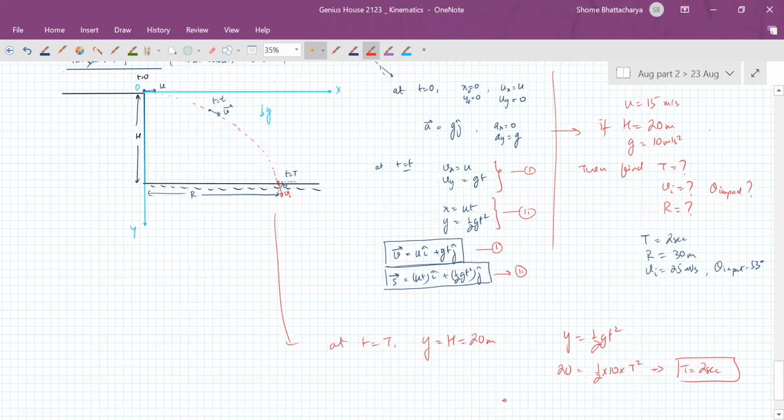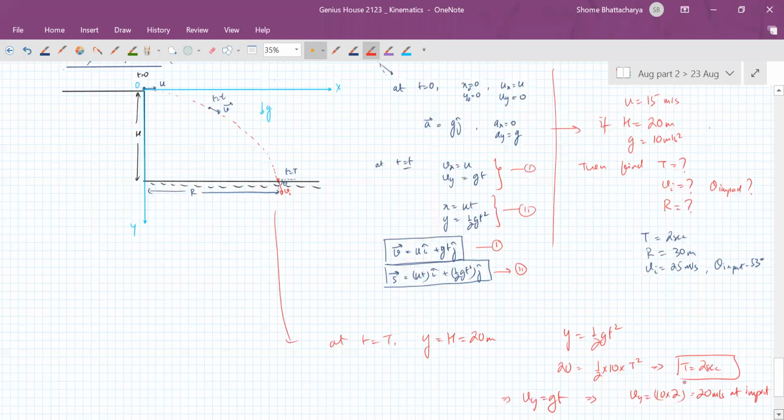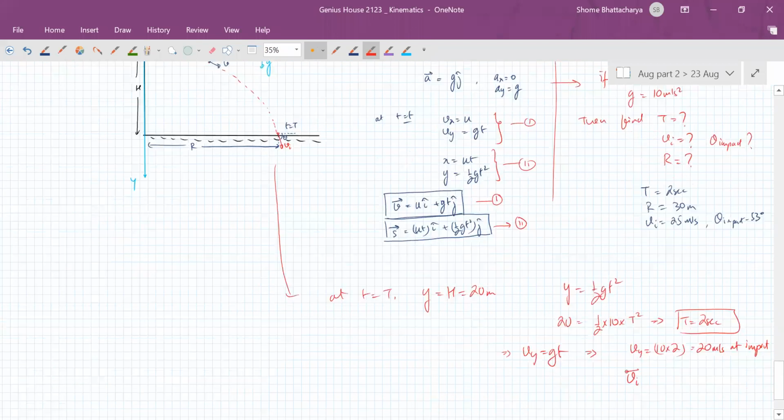Once you got that, you can see that the y component of velocity for impact velocity is 10 into 2 or 20 meters per second at impact. So from that we know now that the impact velocity as a vector quantity is 15 i cap plus 20 j cap. And at the same time, the x coordinate is nothing but r.